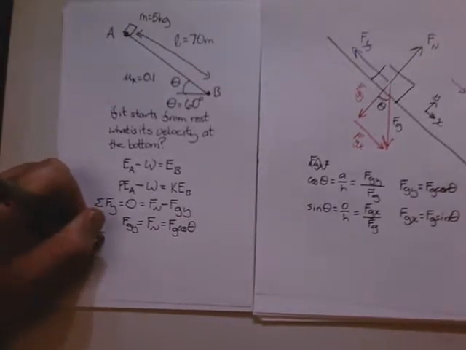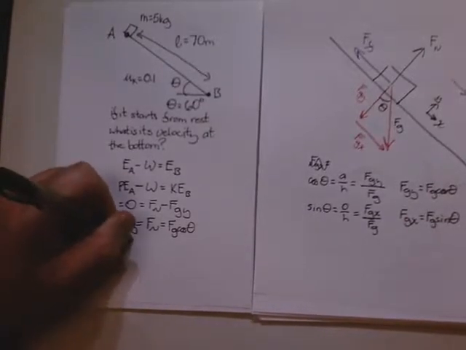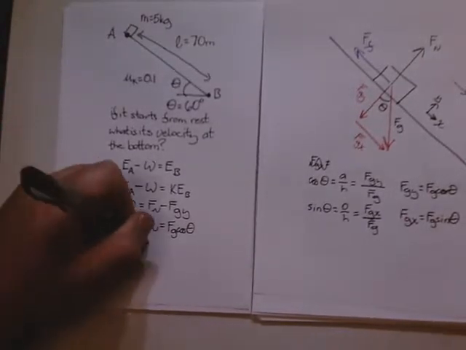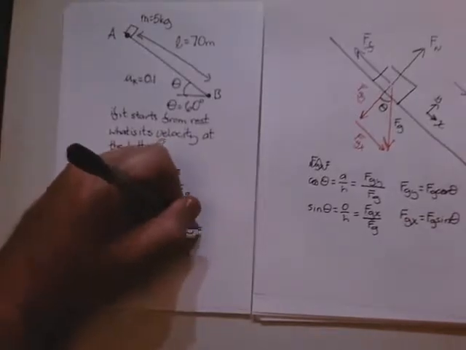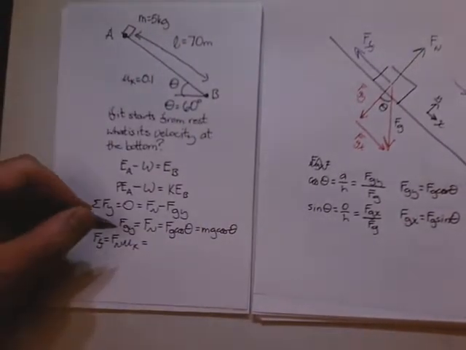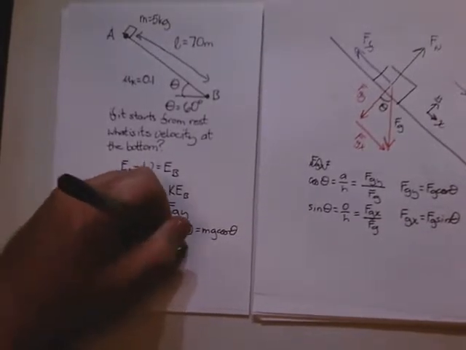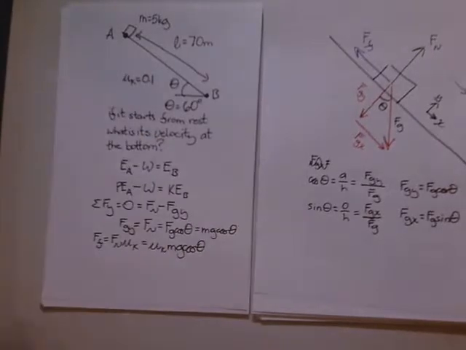Now, the friction force is the normal force times mu sub k. Get that in now. So the friction force is mu sub k mg cosine theta.